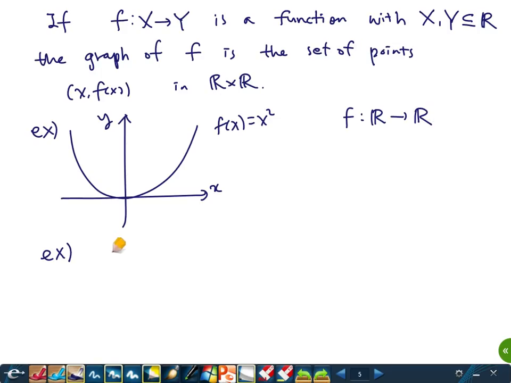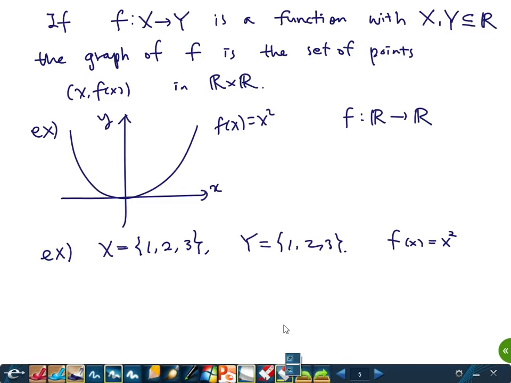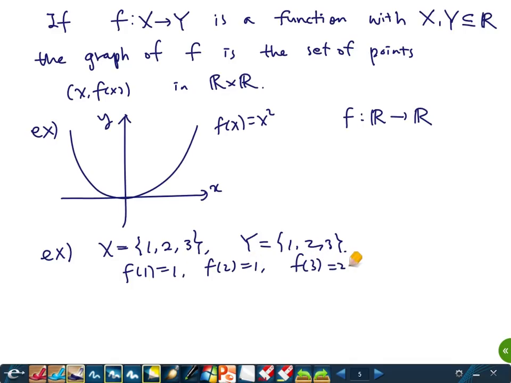But we may have a finite set for domain and codomain. Same function, x squared? No, this is not a function from here to there. I'm going to use a different one, I'm going to just construct one. f(1) equals 1, f(2) equals 1, f(3) equals 2.